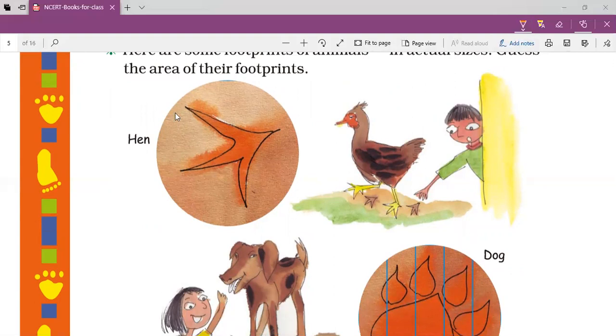You have to draw a 1 centimeter grid line over here. I'm drawing randomly, but you have to use a scale. Don't forget to use a scale for drawing a grid sheet. So you have to draw a square sheet like this.